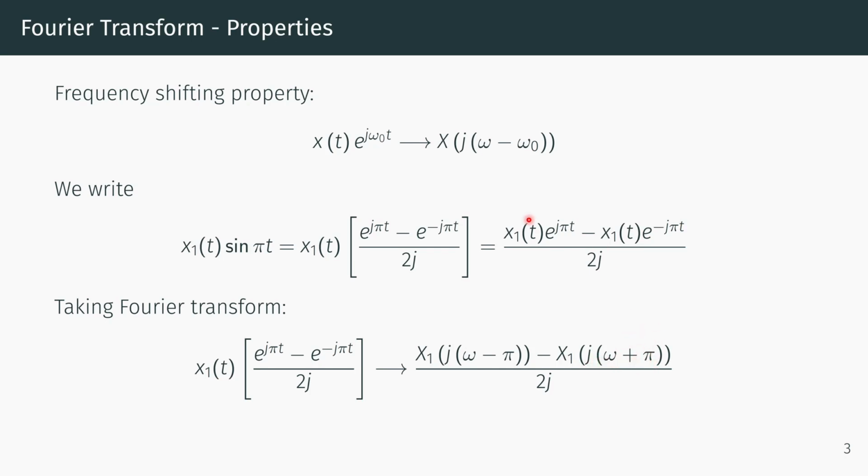Why do you get plus pi? We already have minus and again we have minus, so you will get minus times minus as plus. So the Fourier transform of x1 of t sine pi t is nothing but X1 of j times omega minus pi minus X1 of j times omega plus pi, by 2j.